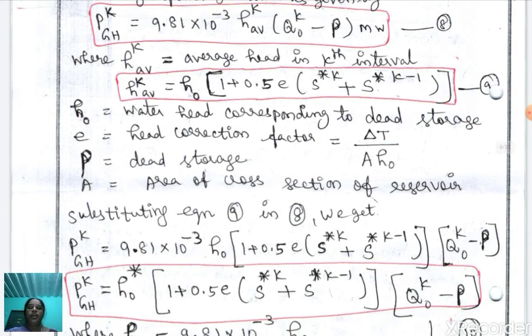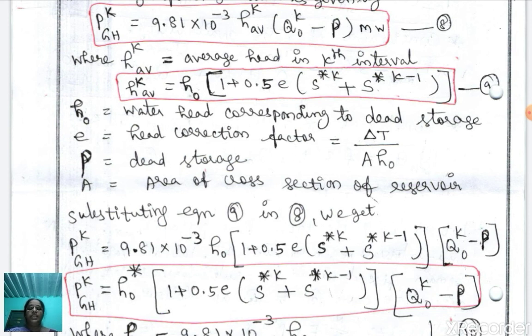Substituting equation 9 in 8, we get Pgh power k, that is the hydropower generation, equal to 9.81 into 10 to the power minus 3 H naught into 1 plus 0.5 E into S asterisk k plus S asterisk k minus 1 into Q naught k.